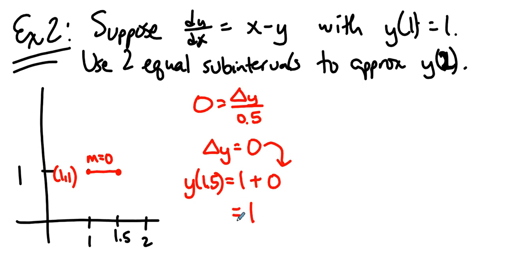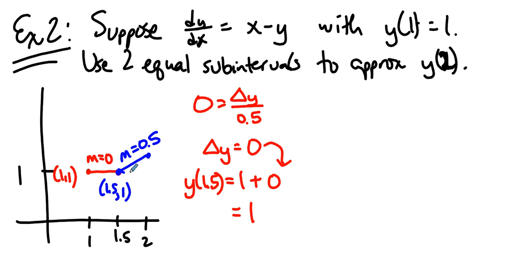So the coordinates of this point are (1.5, 1). Now we've got to figure out what the slope of the tangent line is at (1.5, 1). Well, the slope of the tangent line is the x value minus the y value, which means that the slope of the tangent line in this stretch is 1/2.